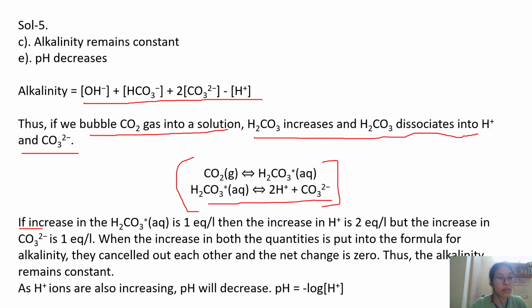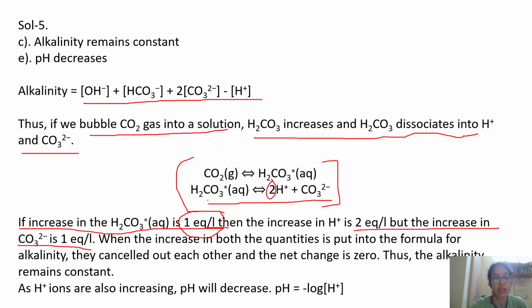Because CO2 is dissolving, H2CO3 is increasing, right? So when the H2CO3 is increasing by 1 equivalent per liter, the increase in H plus is 2, but the increase in CO3 is 1, because of the stoichiometric coefficient.